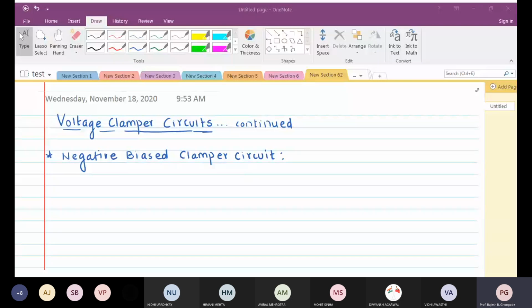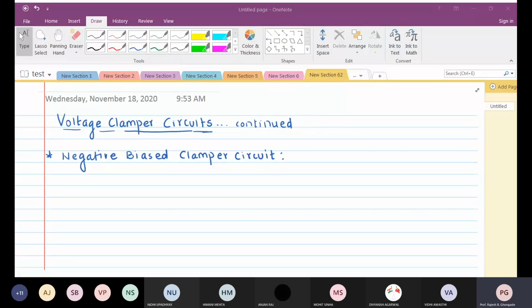There are various different circuits. The DC level can be shifted in the positive as well as in the negative direction or polarity. So we start with the negative biased clamper circuit. We have already seen the positive clamper circuit and the negative clamper circuit. Now this is another variety of the clamper circuit.